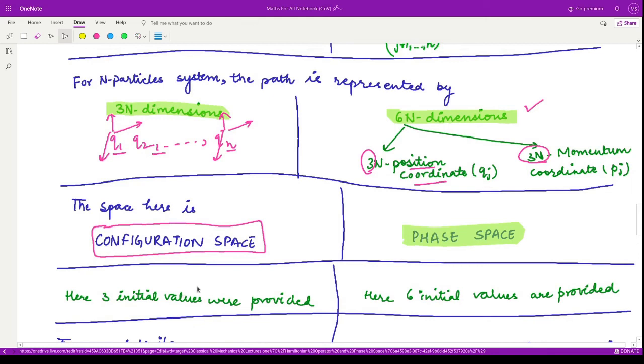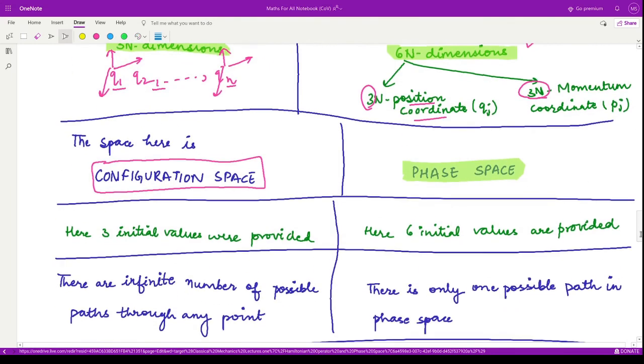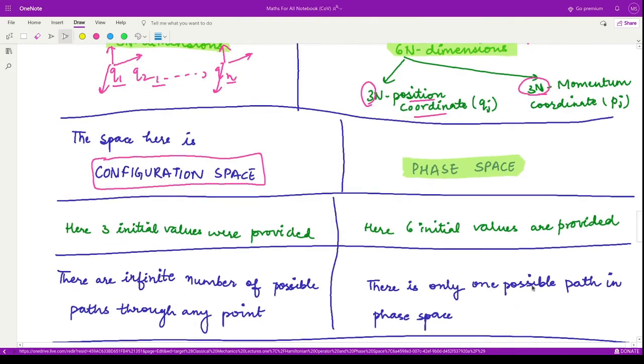In the phase space, we are saying there is only one possible path for a system of particles. Why? Because here you have 6n dimensions, so 6n initial values are provided to solve the system, whereas in configuration space, for a point, we had an infinite number of possible paths.